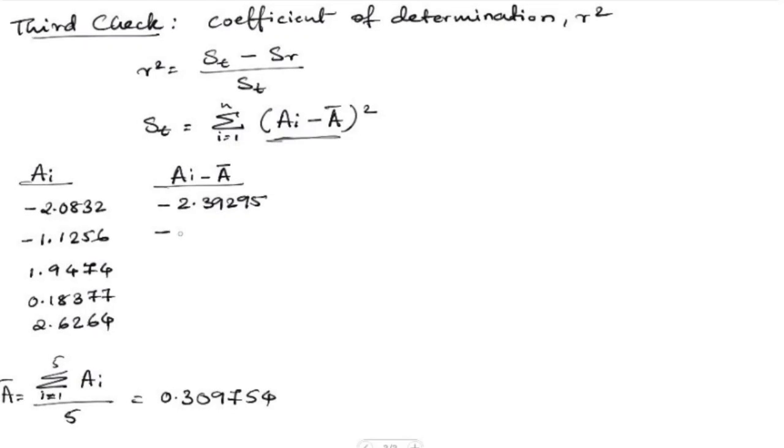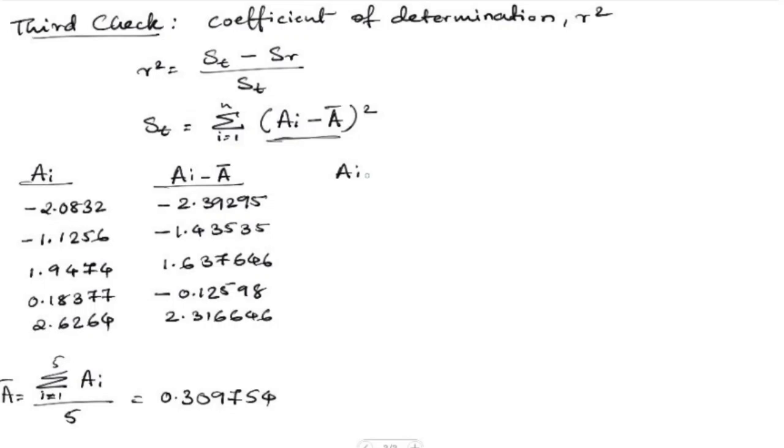Then we have minus 1.43535. Then we have 1.637646. Then we have minus 0.12598 and 2.31646.